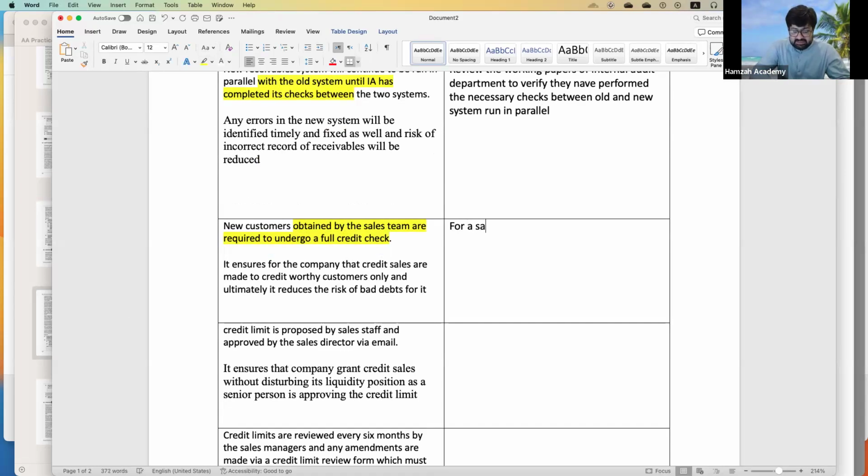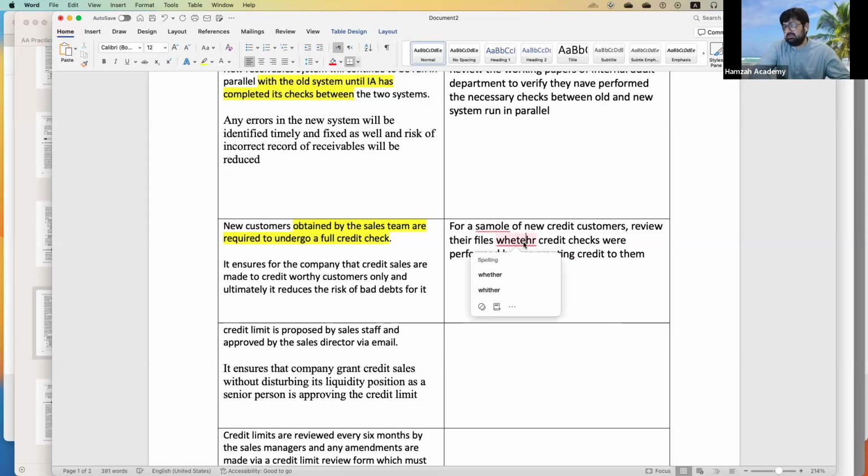For a sample of new credit customers, review their files, whether credit checks were performed before granting credit to them.